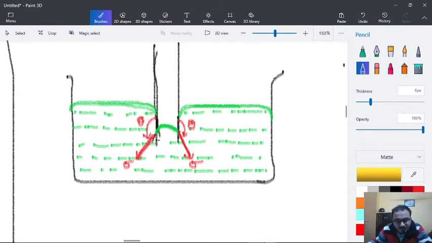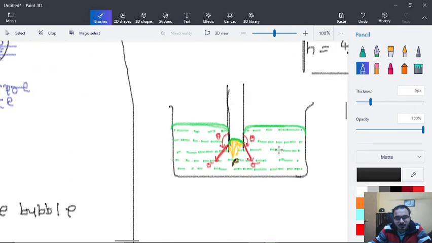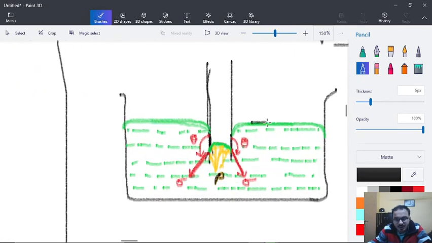So the pressure force will be acting in this way. This will be the pressure force. If it is not visible, then let me use another color. This will be the pressure force. So here this will be our capillary fall, that is up to this in case of mercury.